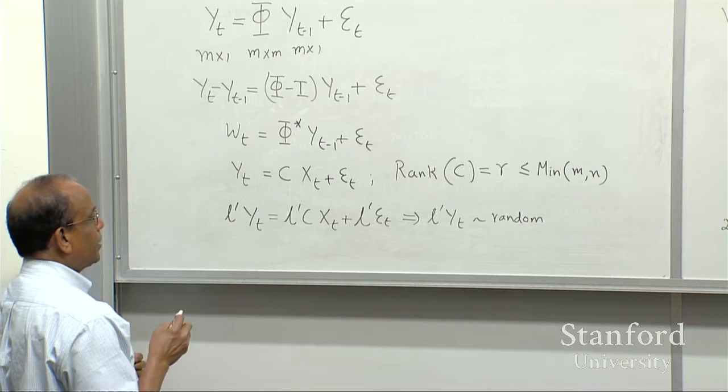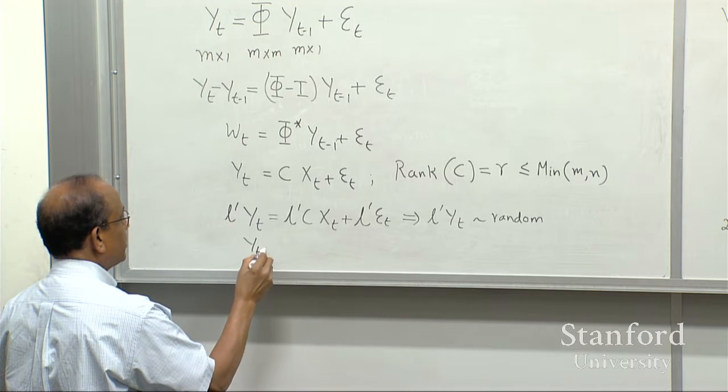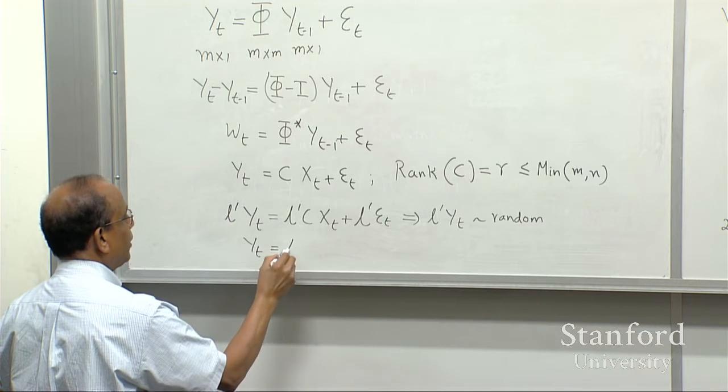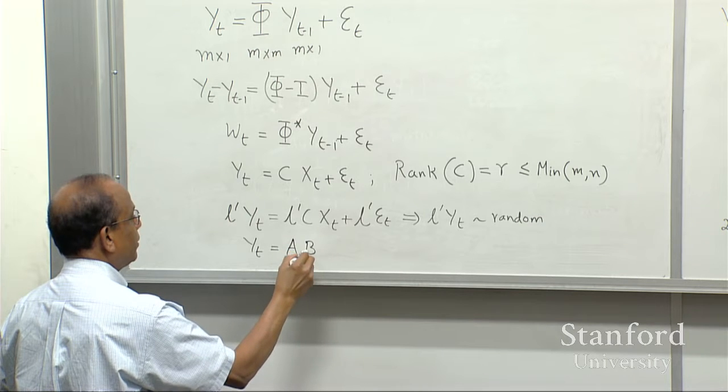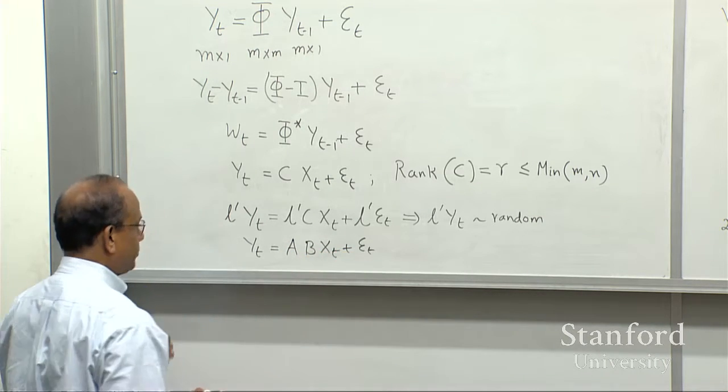But the second part is the one I am going to use. The second part is that yt is equal to A times B times xt plus epsilon t.